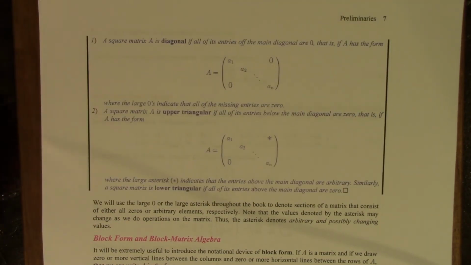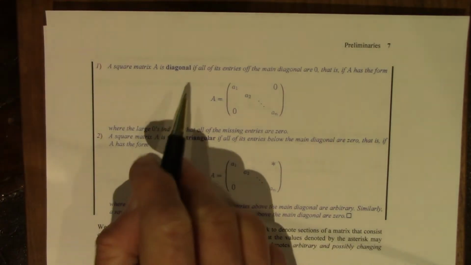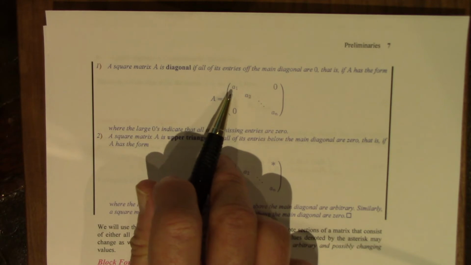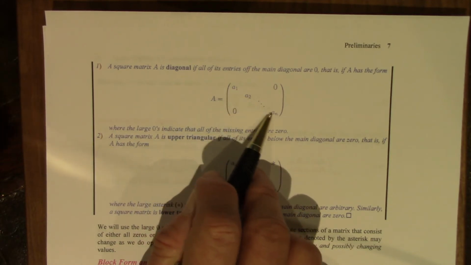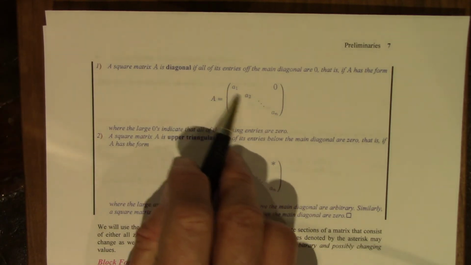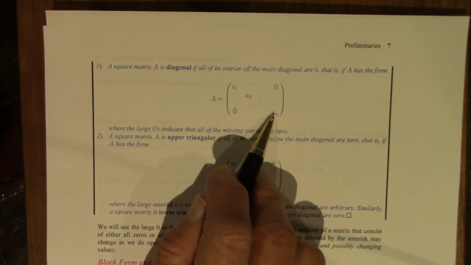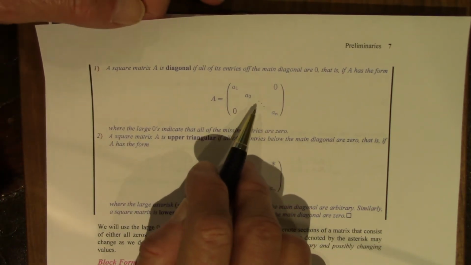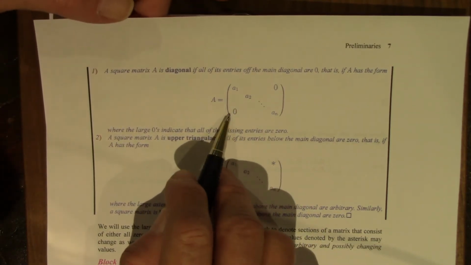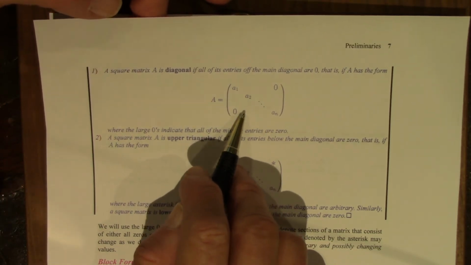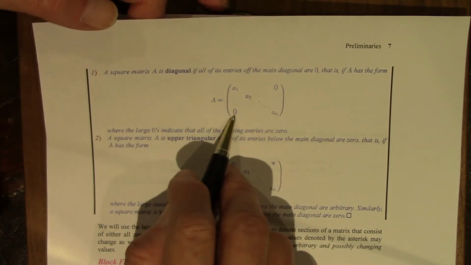The first is diagonal matrices. Those are matrices that are square, and the only non-zero entries allowed are on the main diagonal. They don't have to be non-zero, but nothing off the main diagonal is allowed to be non-zero. Everything off the main diagonal must be zero.